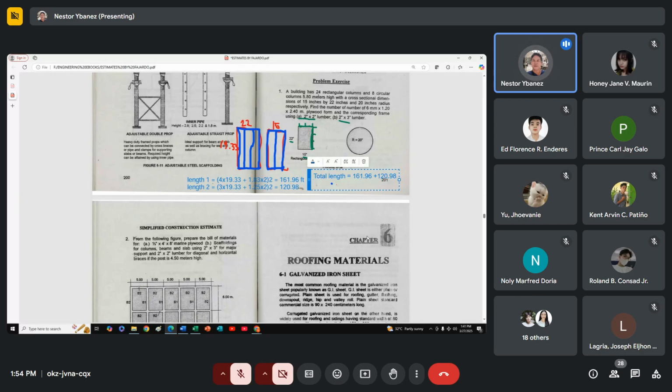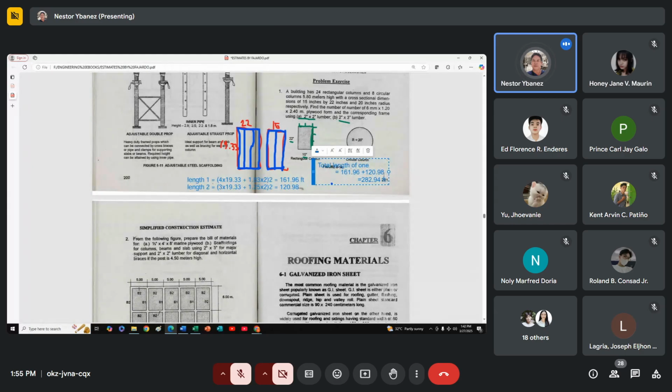So the total length of one column is 282.94.